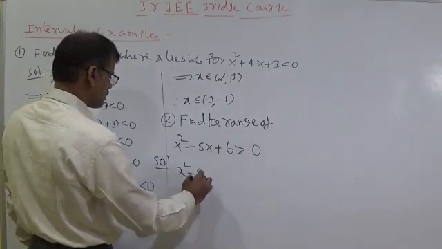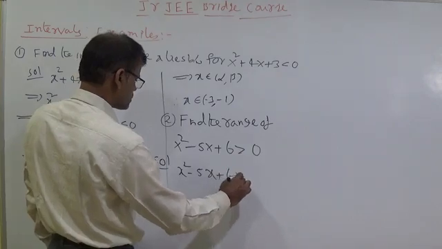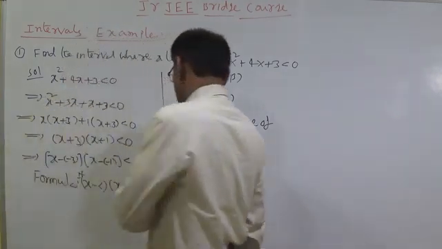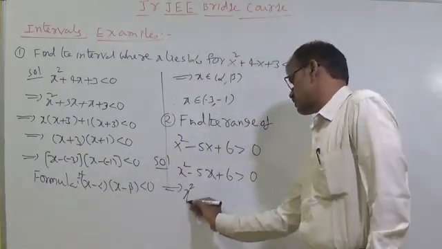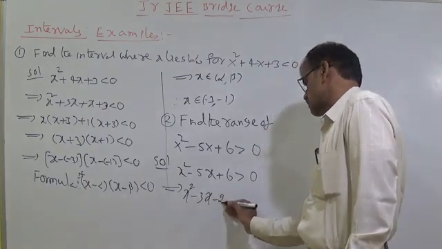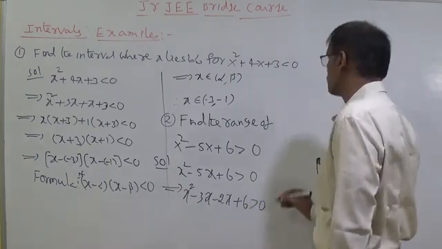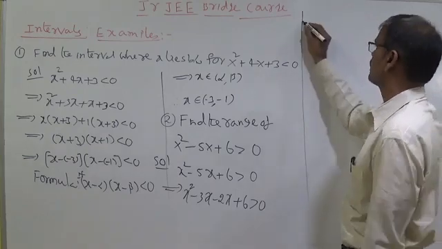Now we can write, taking this one, x square minus 5x plus 6 greater than 0. That implies, for this one, splitting the middle term. By splitting the middle term, you can write x square minus 3x minus 2x plus 6 greater than 0.